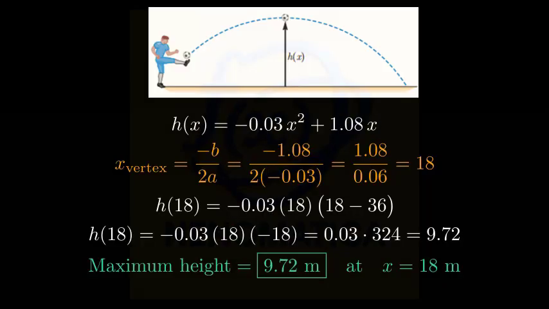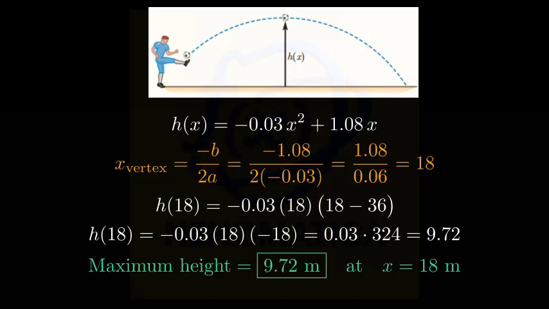Part B. The maximum height occurs at the vertex of the parabola. From the expanded form, negative 0.03x squared plus 1.08x, the x-coordinate of the vertex is negative b over 2a, which is negative 1.08 over 2 times negative 0.03, equal to 1.08 over 0.06, which is 18.